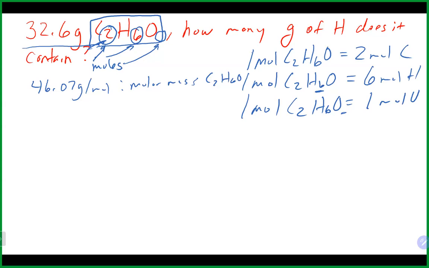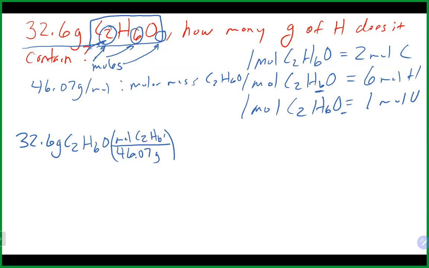All right, so the first step that we would do is we would take 32.6 grams of the entire thing. We would convert it into moles just like we were doing the other day here. We would put the grams on the bottom, 46.07 grams per mole of C2H6O. At this point, if I stop the calculation, I am in moles of the entire thing.